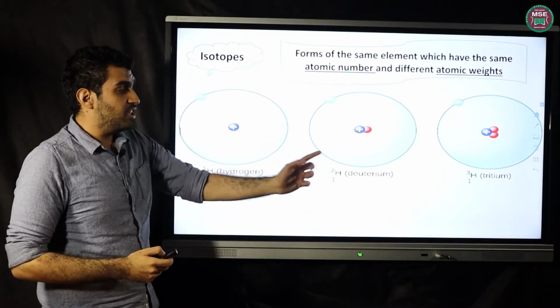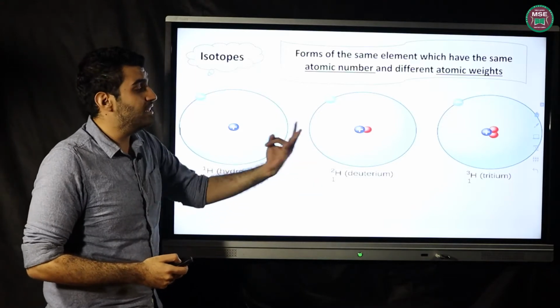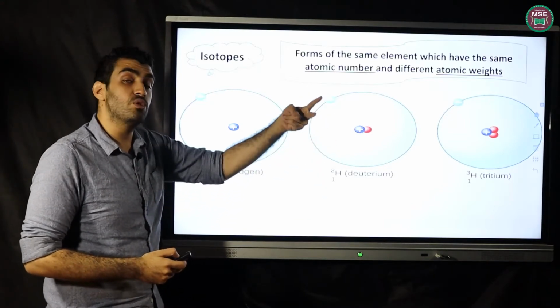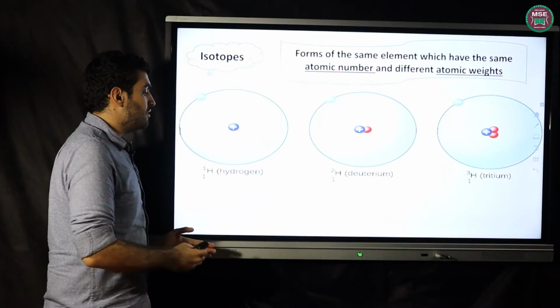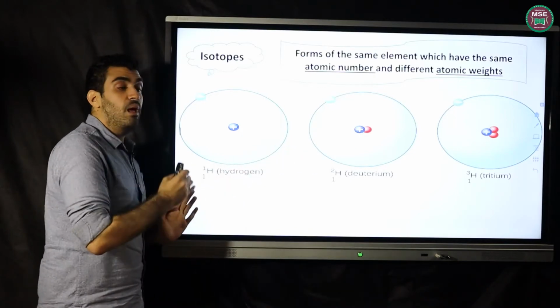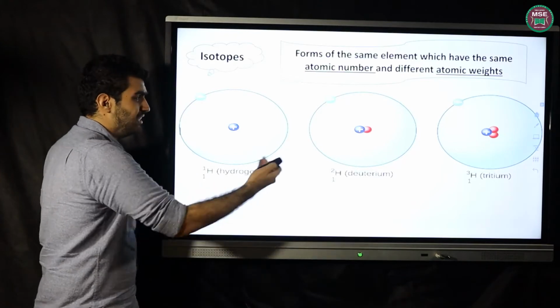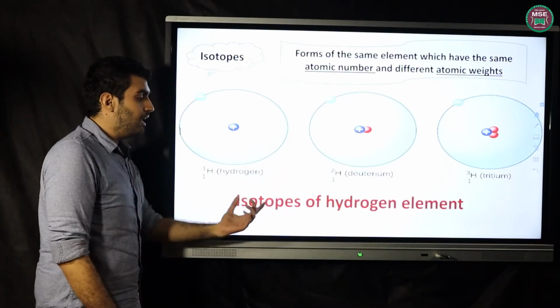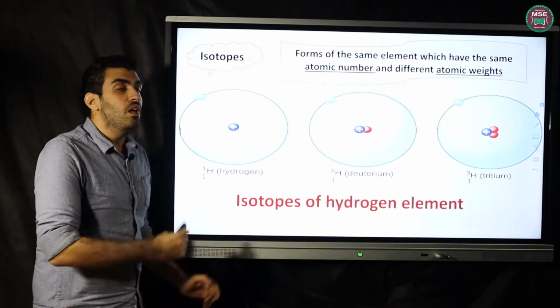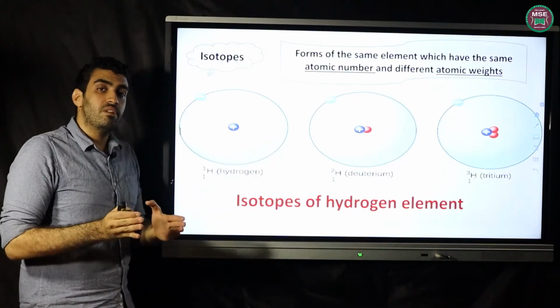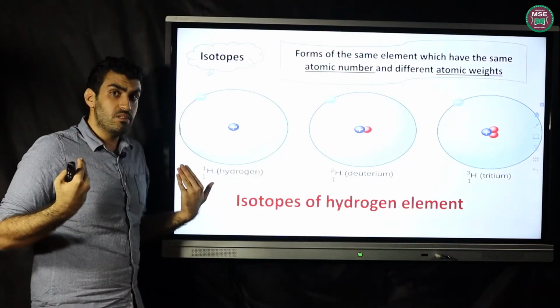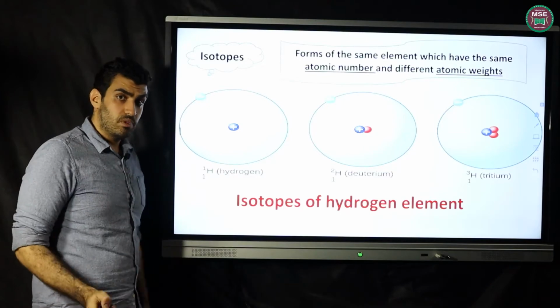This one has atomic number 1 but atomic weight 3: 1 proton and 2 neutrons. What is the difference? They have the same atomic number but different atomic weights. So these forms are called isotopes of the hydrogen element. They are all hydrogen but with different forms, like us, we are all humans, but we are different from each other. Okay?